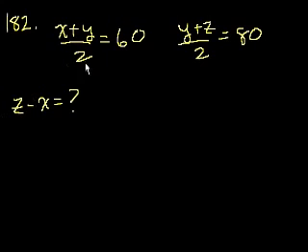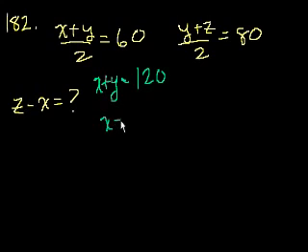So let's see if we can do that. So let's rewrite this. Let's solve for x in terms of y. We get x plus y is equal to 120, just multiplying both sides by 2. You get x is equal to 120 minus y. And let's solve for z in terms of y here.